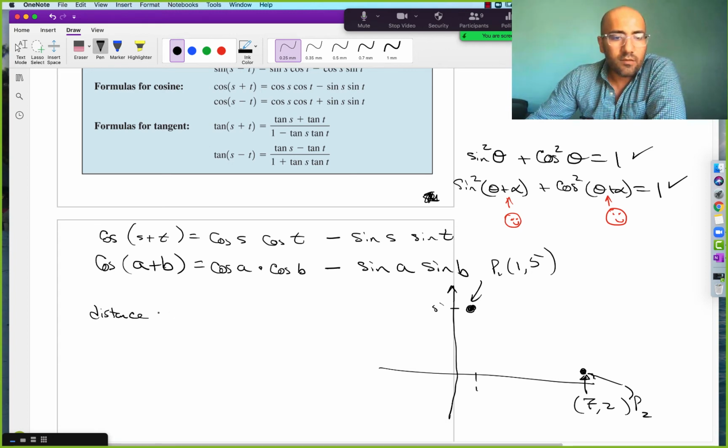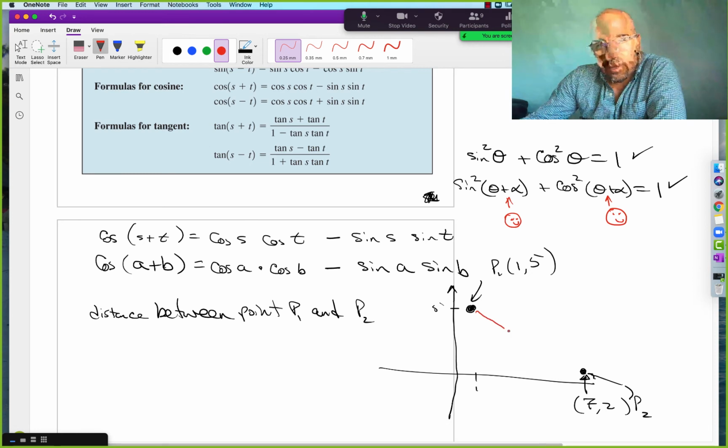Okay, so then remember the distance formula. Distance between point P1 and P2. How do we find the distance between these 2 points? We're going to create a triangle. This is the distance right there, connecting them. So if we go this way and we go this way, we form a triangle. Then this distance right here is going to be the subtraction of the x-coordinates. It's going to be 7 minus 1.